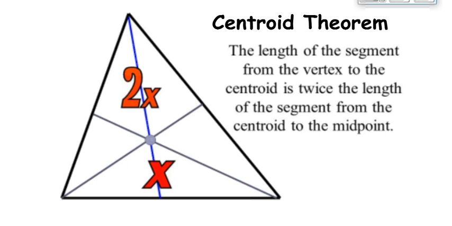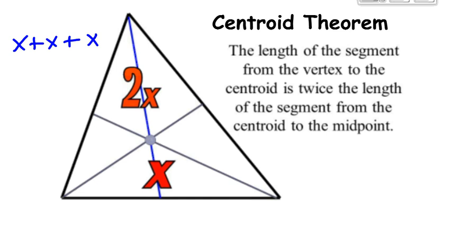Sometimes, though, and more often than not, you're going to see this written as this distance is 2/3 of the total distance. If you think about it like this, 2x and x, that means I've divided this segment right here into 3 equal pieces. This is taking up 2 of the pieces, and this is taking up the 3rd piece.